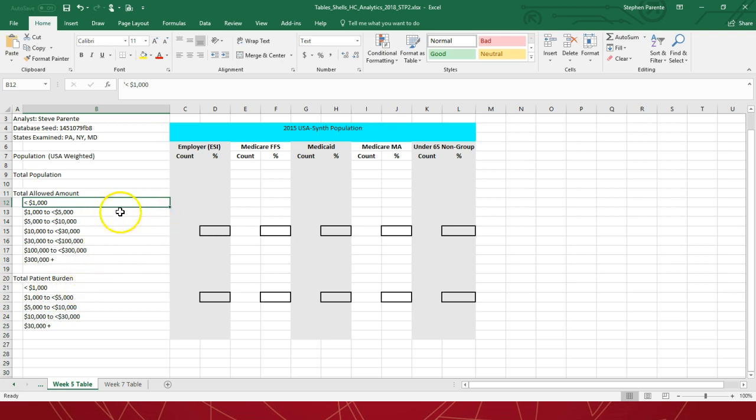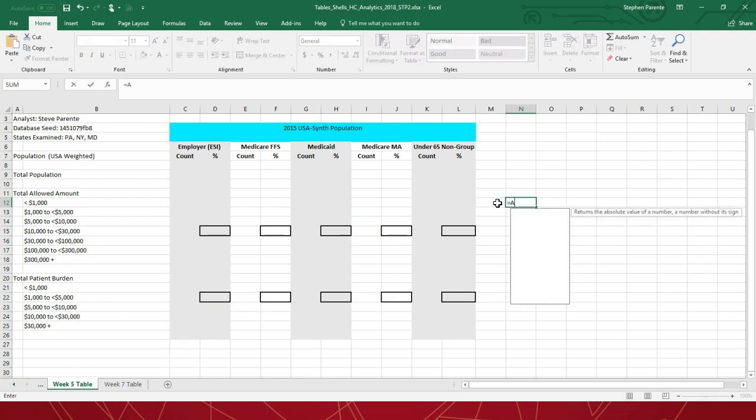So if you think about what this would really be equal to as a field, I'm going to write it up here: allowed is equal to deductible, and probably the biggest one, provider payment, plus any copay plus coinsurance.